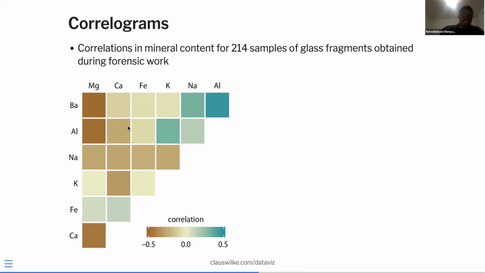And I think some relationships start to stand out. You can see magnesium is negatively correlated with most of the other minerals. And then you've got aluminum being positively correlated with, I think it's barium. Yeah, this was quite interesting.